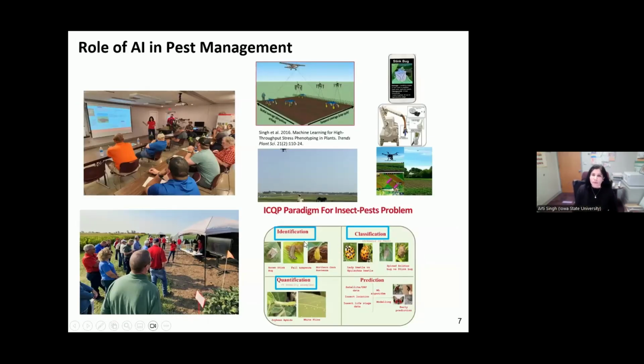So for more than a decade, I have been working with engineers, plant scientists, data scientists, and extension scientists, in collaboration with farmers, to bring AI applications in agriculture. And one of the questions we have been chasing for a long time is how can we use AI to automate monitoring of stresses, scouting of stresses, and management.